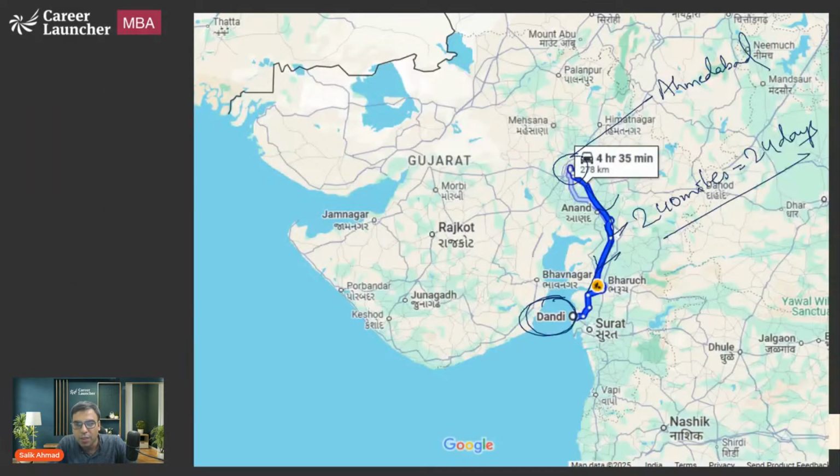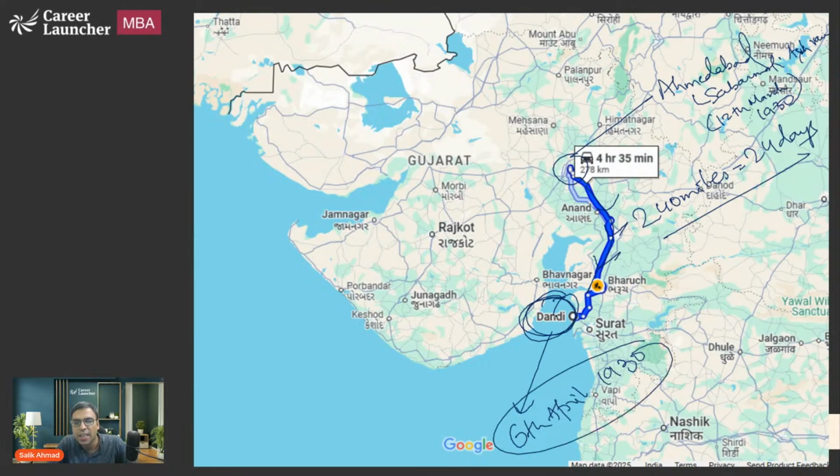He started on 12th March from Sabarmati Ashram in Ahmedabad, and he reaches Dandi on 6th April 1930.